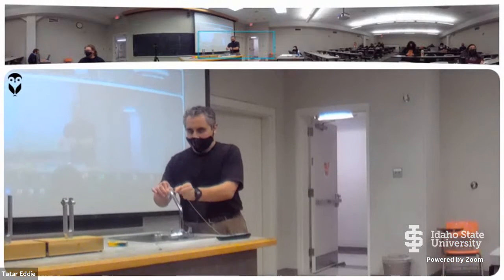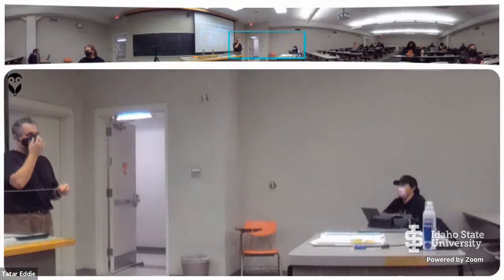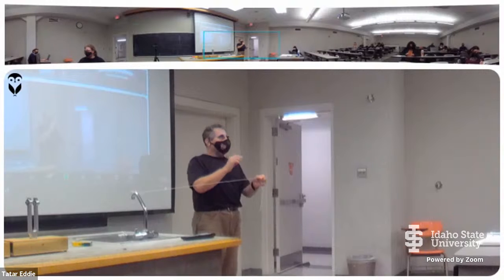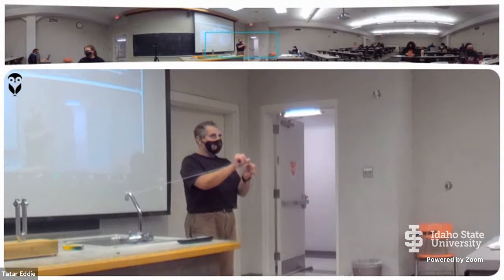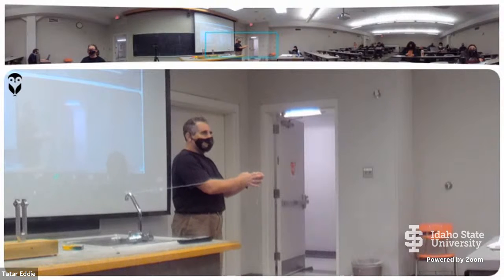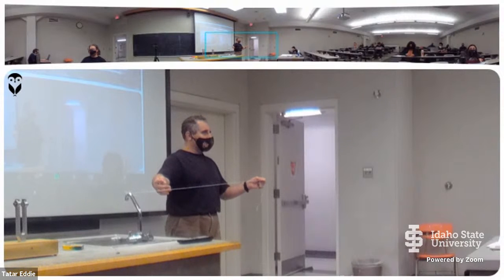So here is the string, and look, if you create a disturbance on this side, like this, let's say, and let it go, that disturbance is not quite clearly visible because it travels quite fast and it dies as it goes.